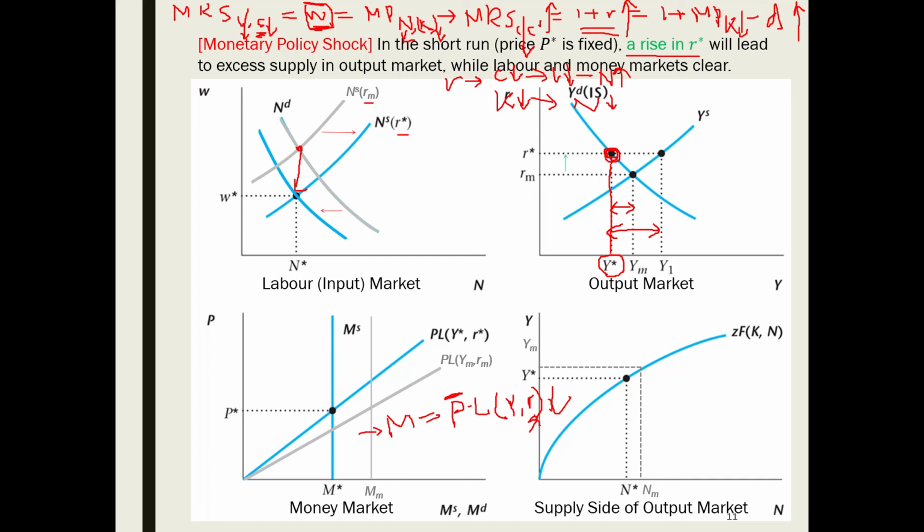So to restore the equilibrium condition in the money market, the money supply on the left-hand side of the equation has to adjust downward to cancel out the negative effect on the right-hand side due to the lower liquidity demand. This effect is shown in the lower left diagram. And finally, the lower right diagram shows the effects on the production function. That is, a higher interest rate leads to a lower employment size and a lower output level.